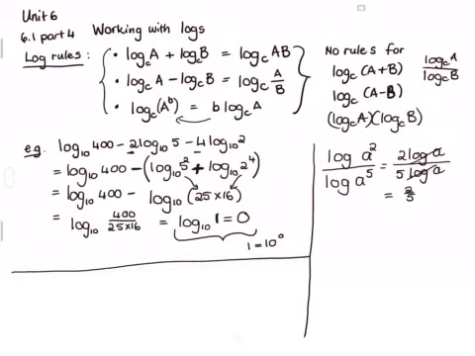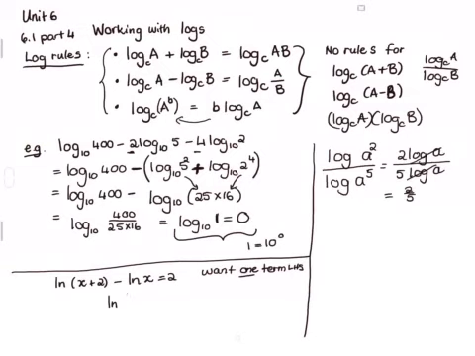Right, I want to fit in one with an E, well, with a ln really. Remember, lns are logs, so lns have exactly the same rules as logs. So if I have to solve for x, I first want one term on the left hand side of my equal to.